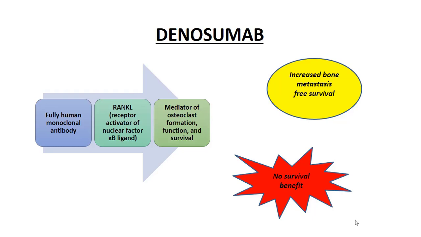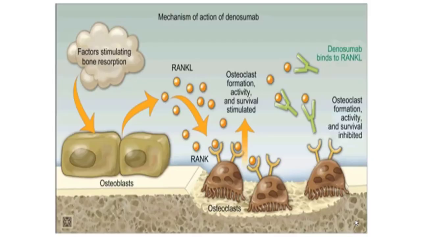Denosumab is a fully human monoclonal antibody. It is against receptor activator of nuclear factor kappa-B ligand, a mediator of osteoclast formation, function, and survival. It increases bone metastasis free survival. So how does it work?